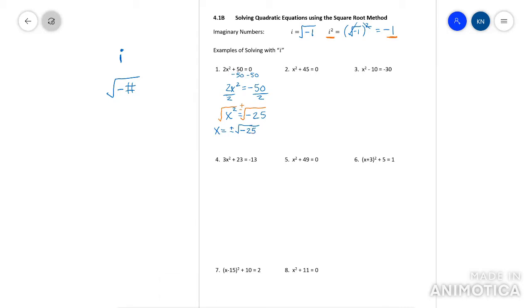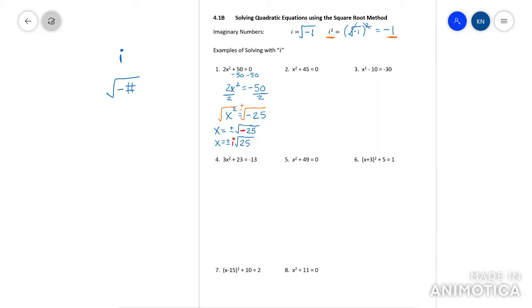Now, the way you finish solving this is you take this negative that's on the inside right there, and it goes away and becomes the letter i in front. So it would look like this now. -25 becomes +25 when you take the i out.